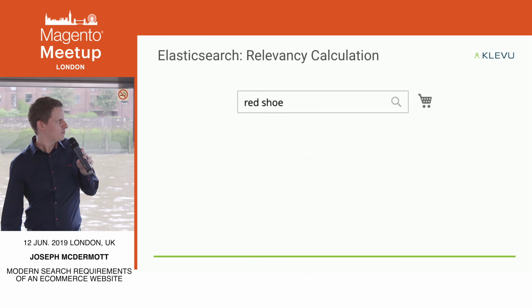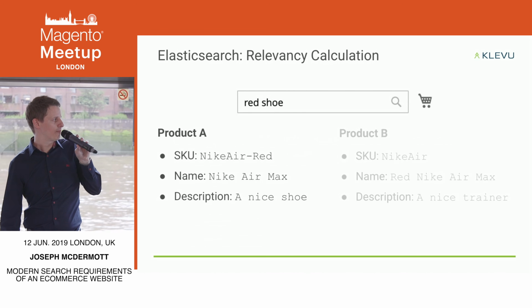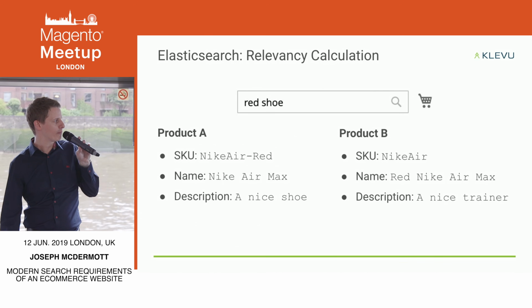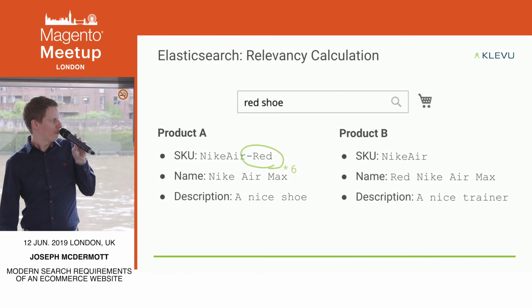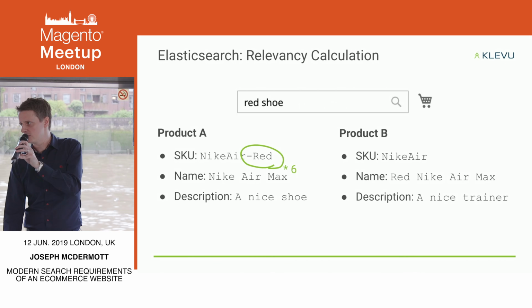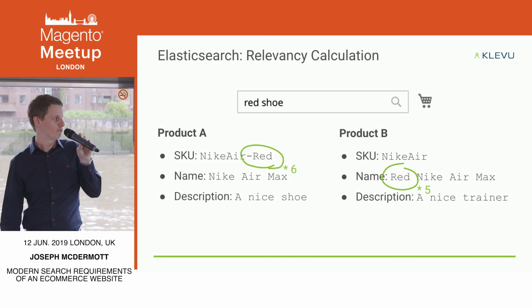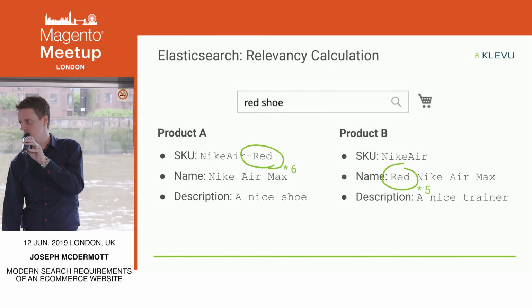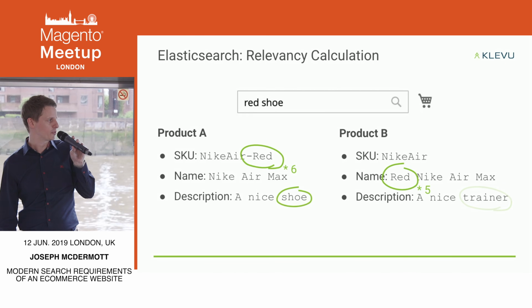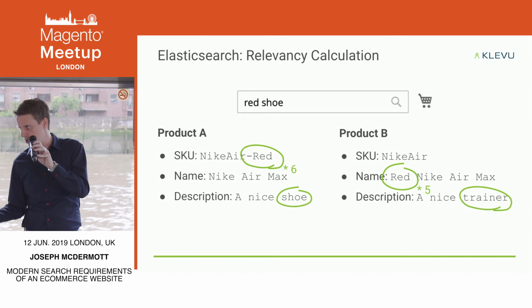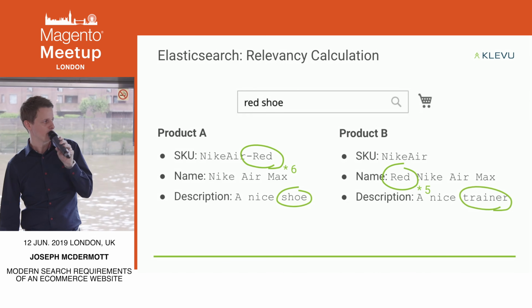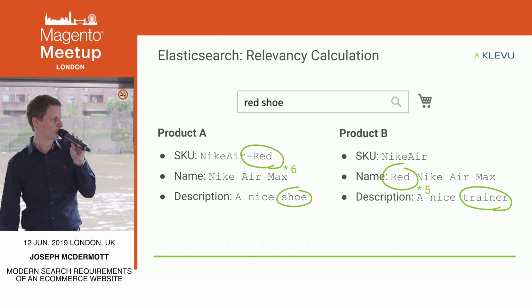So let's have a look at an example calculation then. If we have product A and product B, in product A we have red in the SKU, so the score for this is going to be boosted by 6. We have red in the name on product B, so that's going to be boosted by 5. And then in the description, we have both: shoe and trainer. Trainer was a synonym, but it'll get treated pretty much the same as shoe.